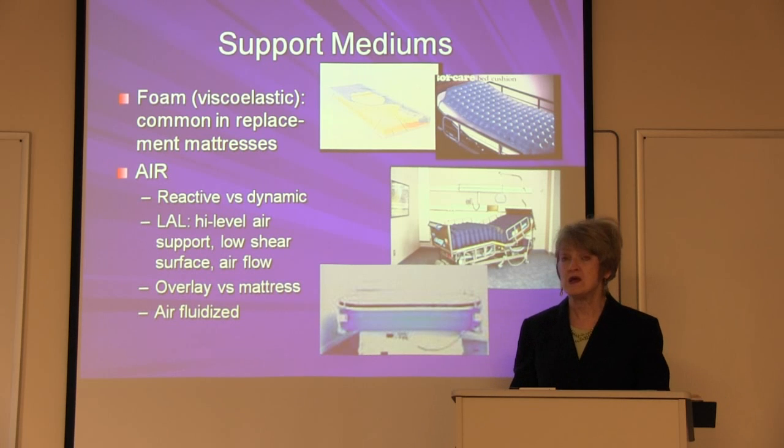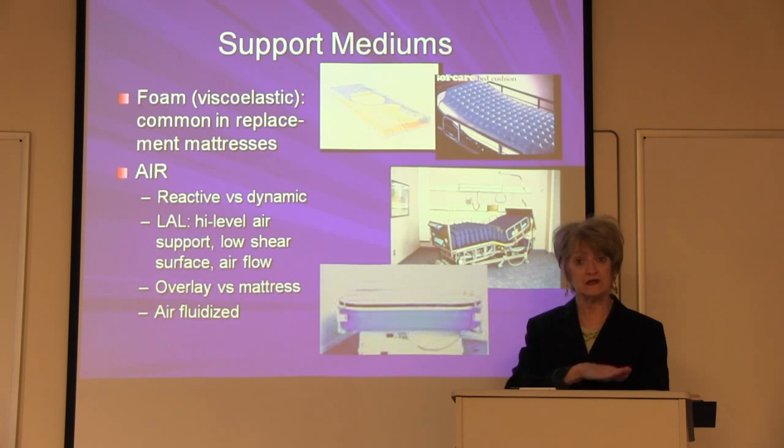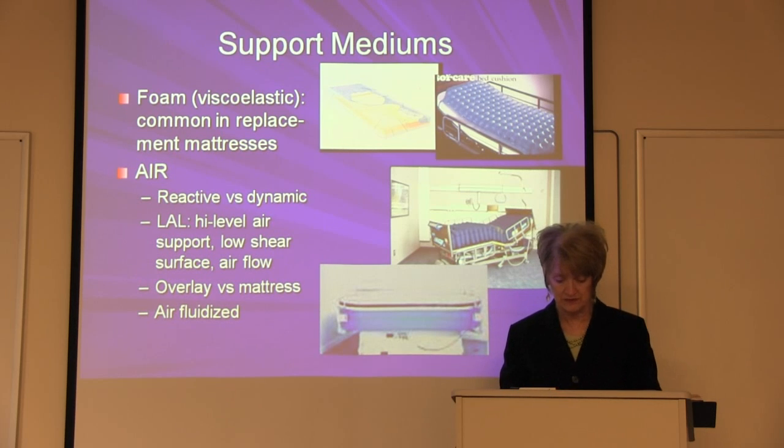But foam is extremely valuable in construction of pressure redistribution mattresses because you can combine different types of foam. You can combine very dense foam at the base that gives you long-term support. That's what's in a lot of our furniture. And then the top layer can be a very conformable foam that allows contouring so that you get more even pressure distribution.